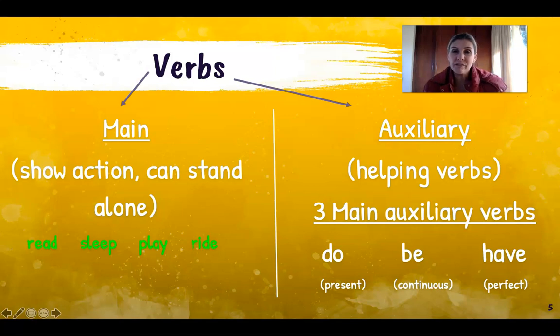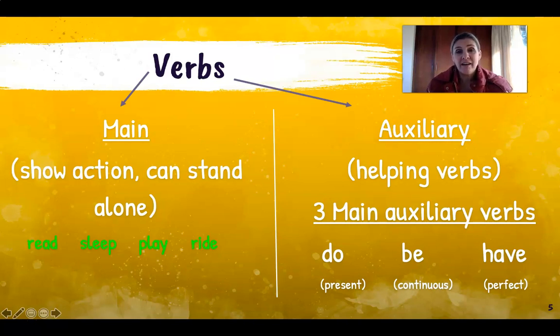But when you've got a helping verb called an auxiliary verb, and maybe that's what you know it as, a helping verb, there are three main ones we're going to look at today. So do. I do my homework. Be could be is. He is sick. And have. I have baked a cake. So do you see how the word baked is the verb?